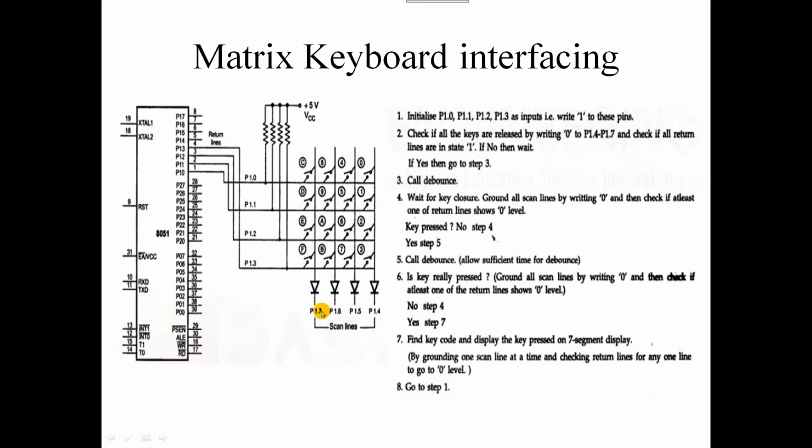because whatever the row is and whatever the column is going to be selected, that is selected by the appropriate column. So for that column we are going to supply the 0.